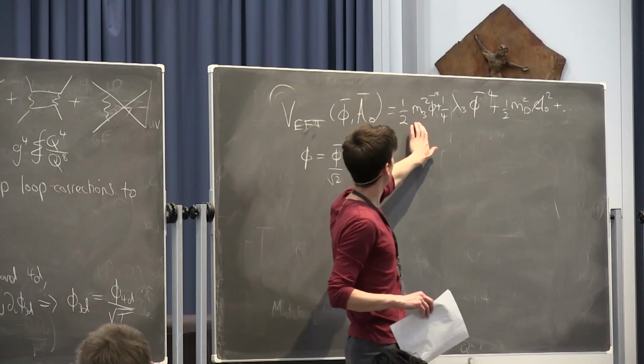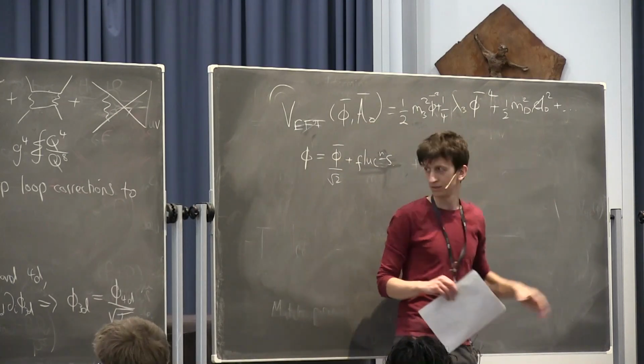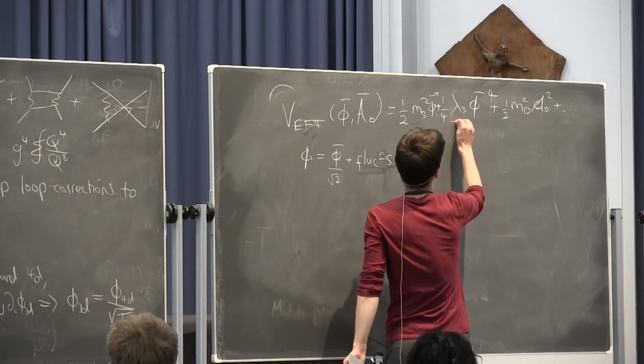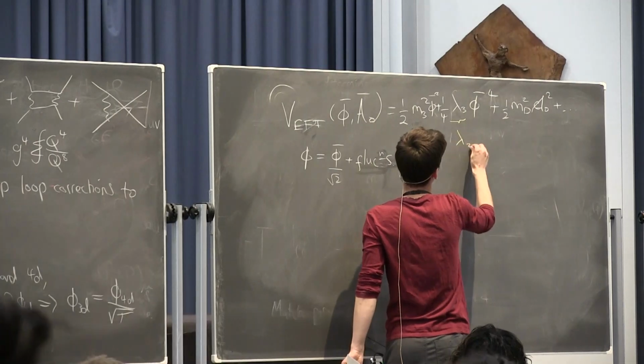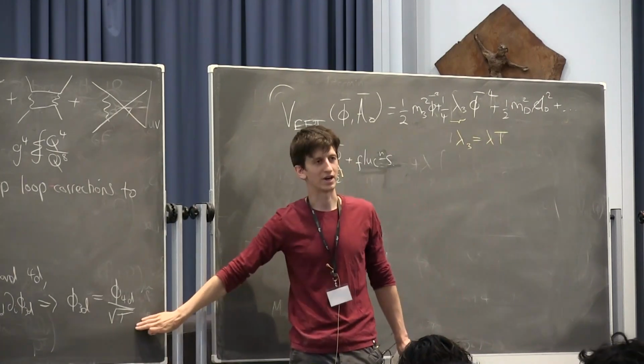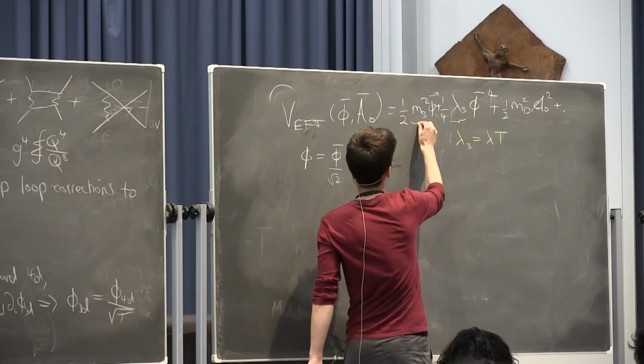And we now know, if we've done this calculation, what these parameters are. From this canonical normalization story, we get that lambda 3 is actually lambda times T, working out the factors of T that come from canonical normalization. And this one we worked out before.